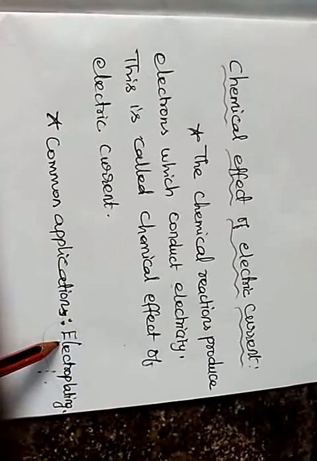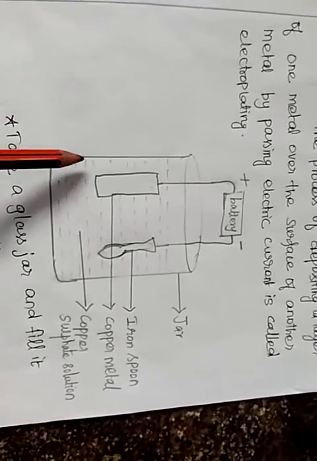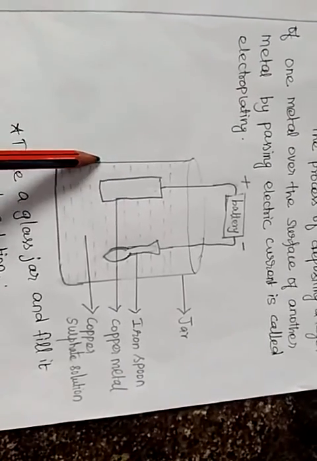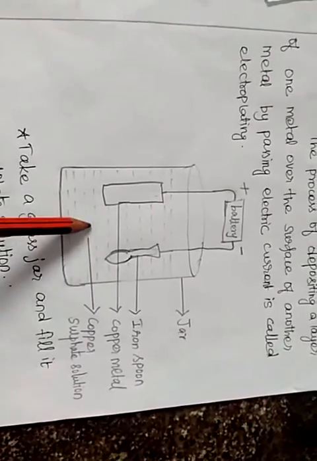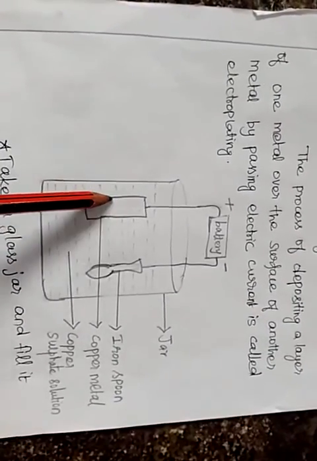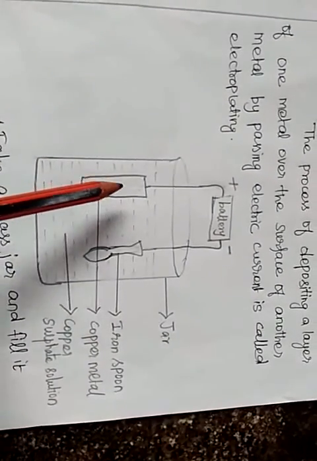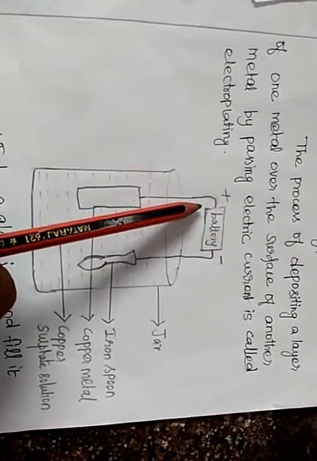Students, this is an arrangement for electroplating. Take a glass jar and fill it with copper sulfate solution. Then take a copper metal plate and connect it to the positive terminal of the battery.